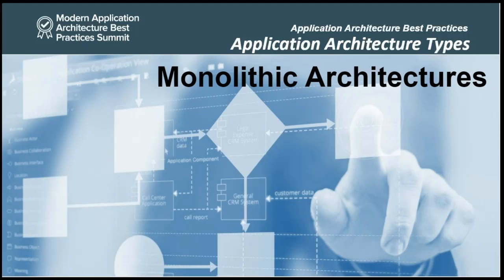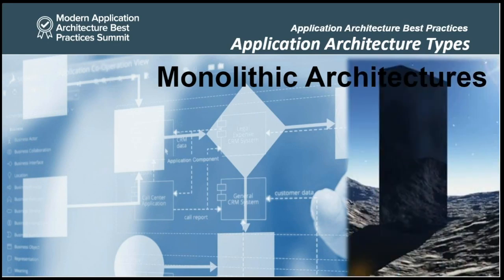So the first of our specific architectures is the monolithic architecture. And for those of you who have not seen Stanley Kubrick's 2001: A Space Odyssey, you are required to go home after this session and look it up on Netflix and go watch it, because it's a great movie. And this monolith is featured in that movie, a great big block.